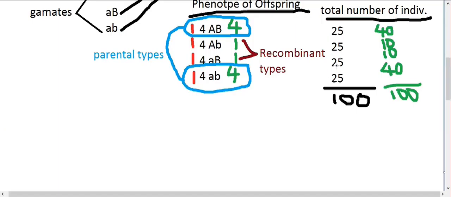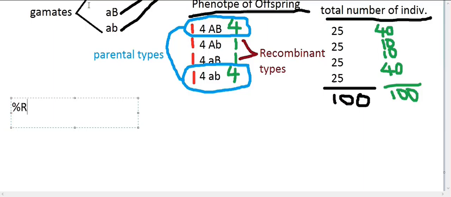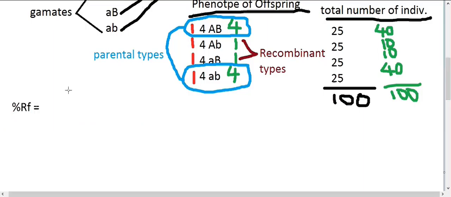You would predict them based on what's called the percent recombination frequency, which is going to be equal to two things here.